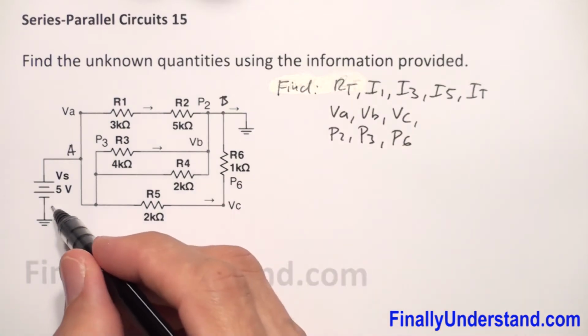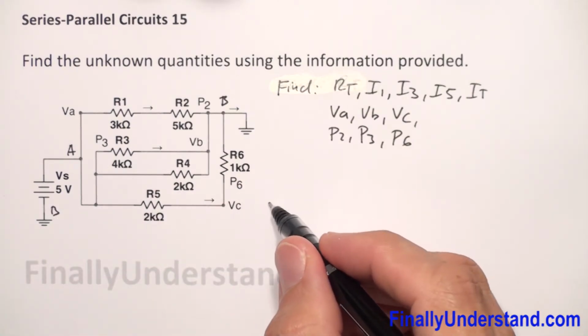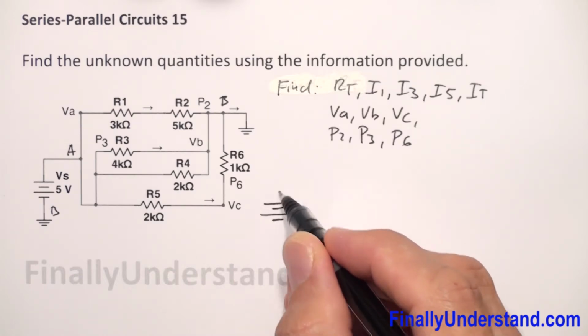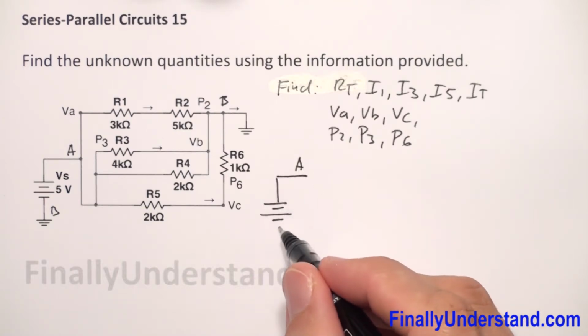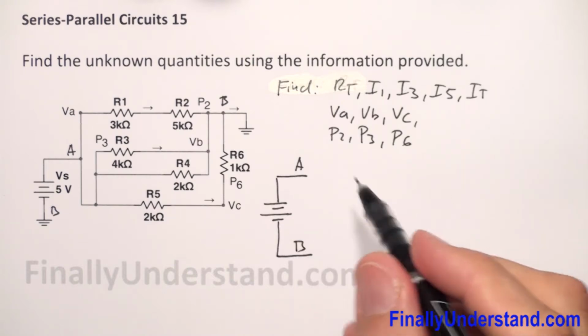So this is also my point B over here. So I'm going to draw the voltage source over here. So this is point A, and this is my point B.